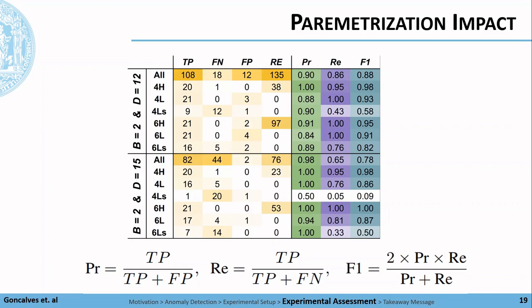We also evaluated how the parametrization affects performance. Anomalies are detected per transaction and per virtual machine group, over 9 transactions that showed to be relevant in detecting anomalies. This table reports the performance metrics from our experiments.